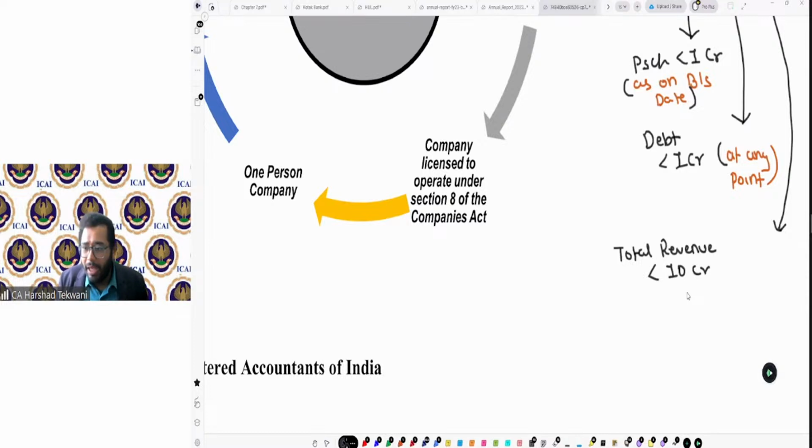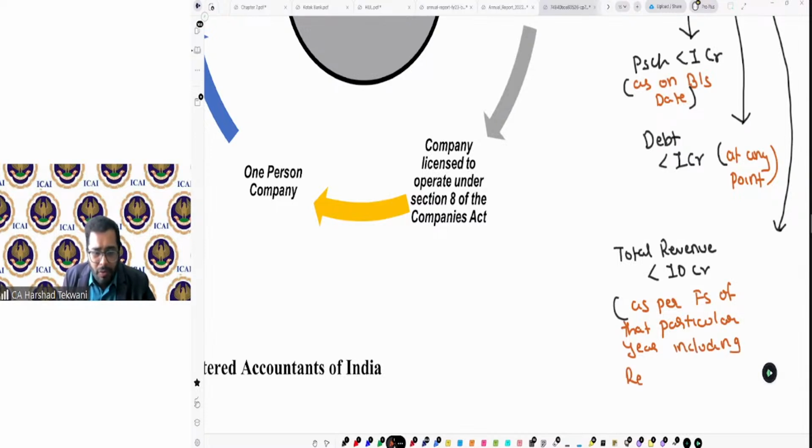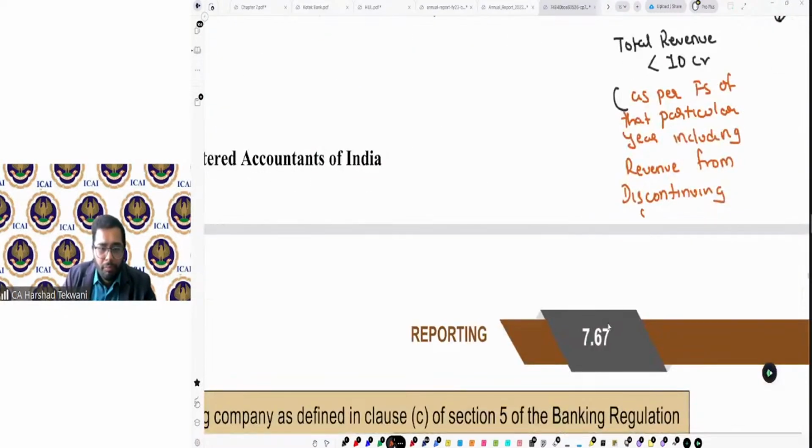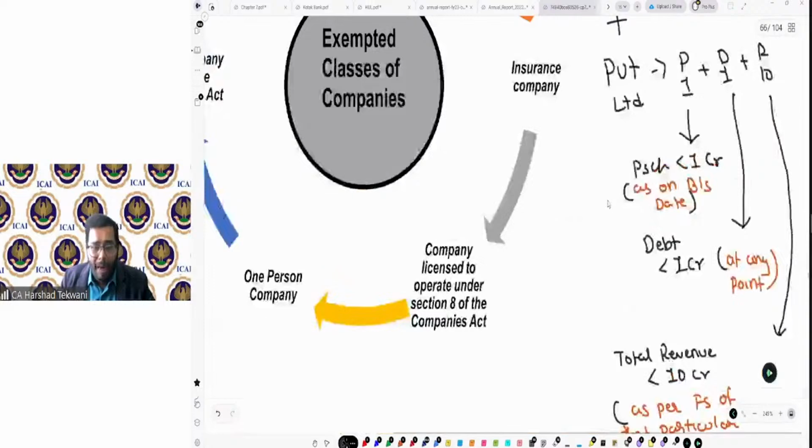Again, that is as per the financial statements of that particular year, including revenue from discontinuing operations. So that is the requirement of CARO.